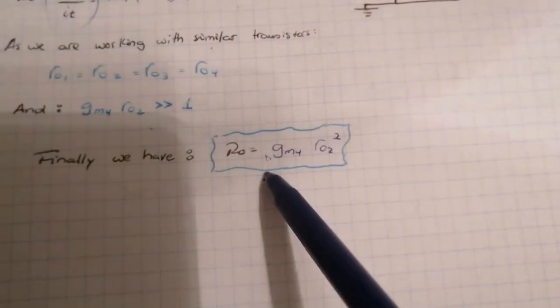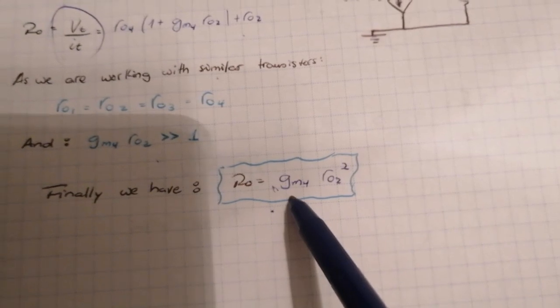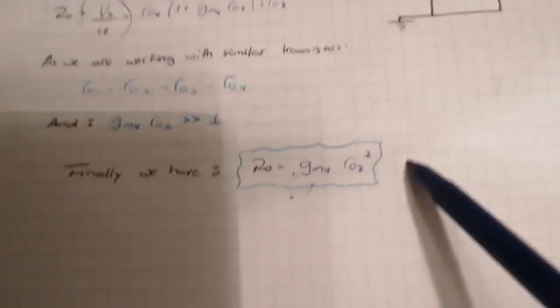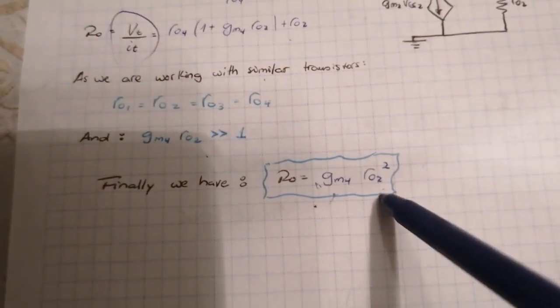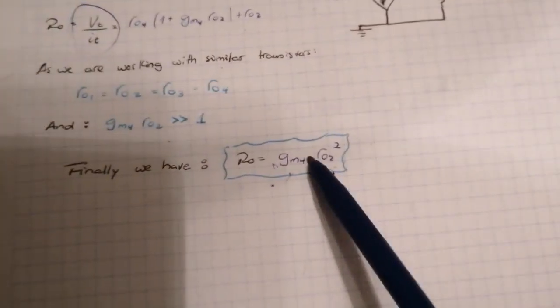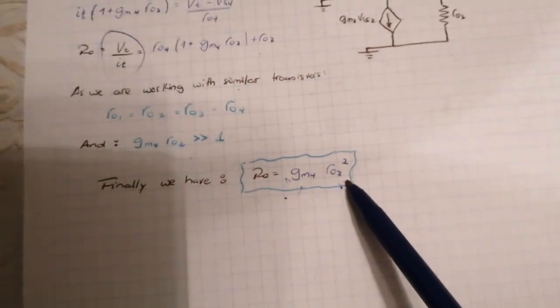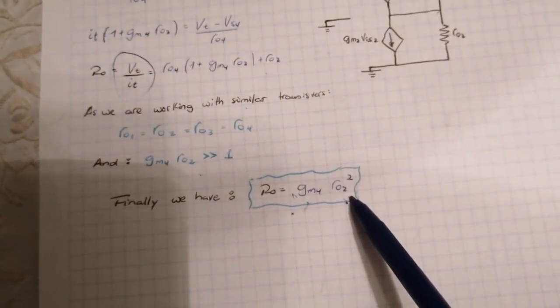It's going to be governed by gm4, the parameter of this transistor, multiplied by 2 times the output resistance of transistor number 2.